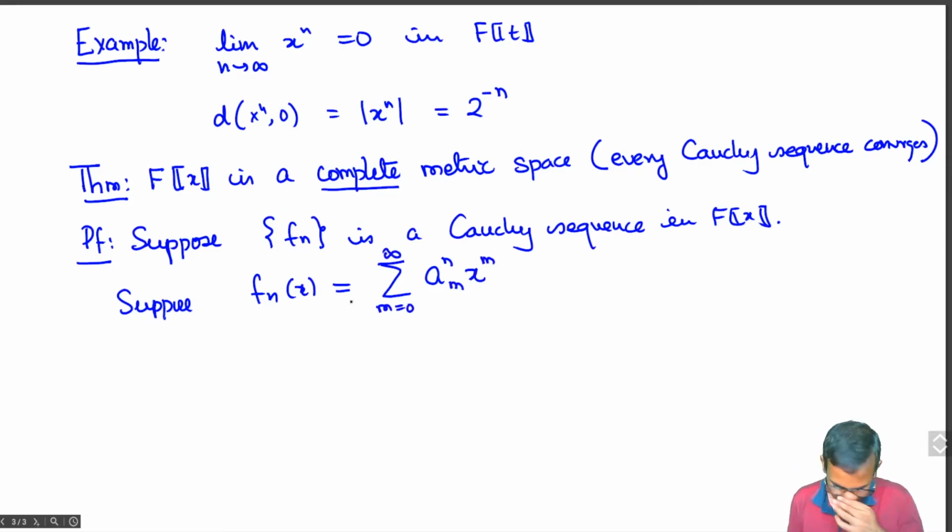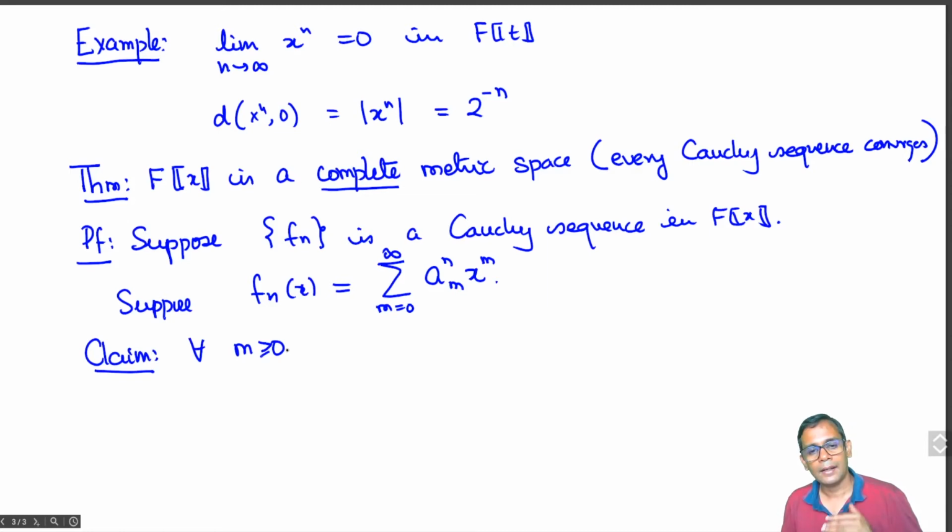So these are the coefficients of f_n, and I claim that for every m greater than or equal to 0, what I want to say is that you fix any m and you look at the mth coefficient of the sequence f_n.